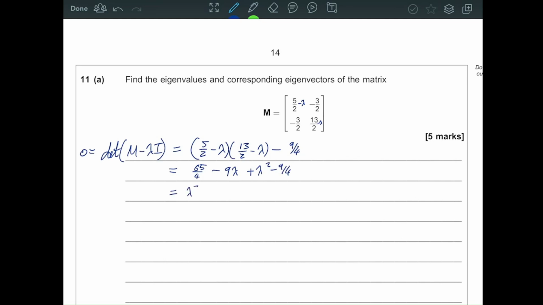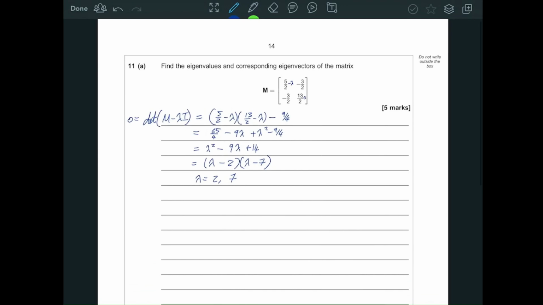I am hoping that all of these fractions do dissipate. We've got 65 minus the 9 over 4, and that's just 14. This is making me quite pleased because that 14 can be written as 2 times 7, which gives me the 9 in the middle. So I've got my two values of lambda of 2 and 7.